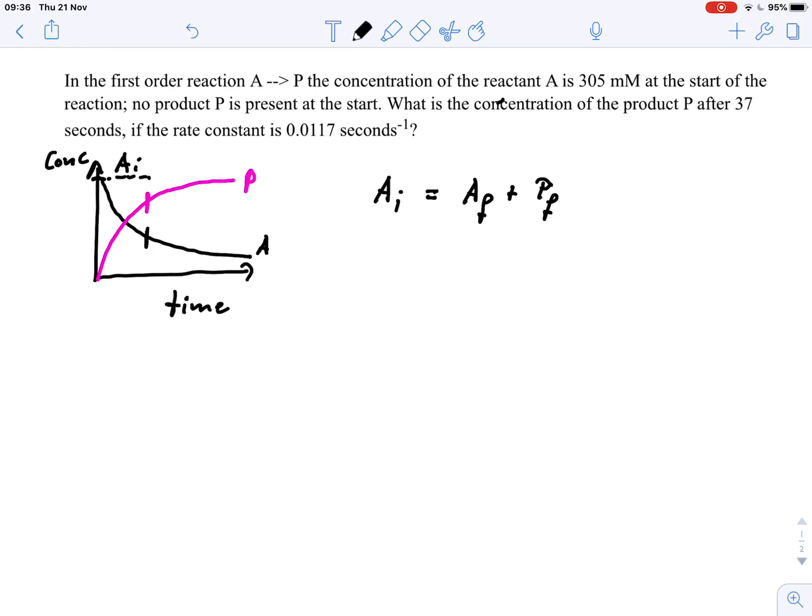And that is exactly what we are trying to find out.